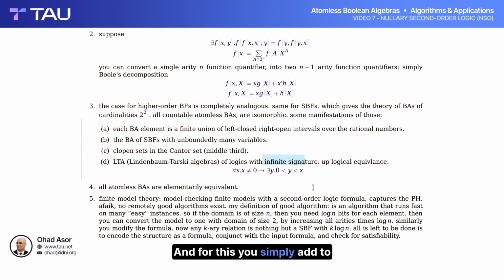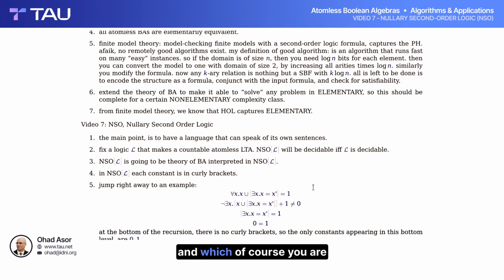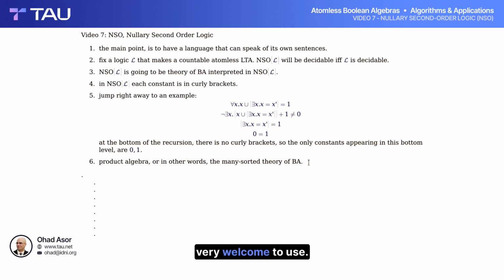And for this, you simply add to it infinitely many uninterpreted constants, which, of course, you are very welcome to use. You can have a constant called, I don't know, good, and then you say this formula is good, this formula is not good. You can have more expressive power, but most importantly, you made your LTA of NSO an atomless Boolean algebra.